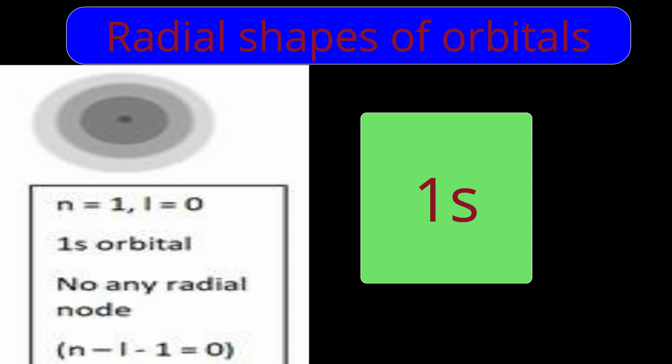As I move through the radial coordinate away from the nucleus, I'll get less density of electrons, and that is shown by fading, by gray color, weak gray color, and then nearly white color. That's our 1s orbital.